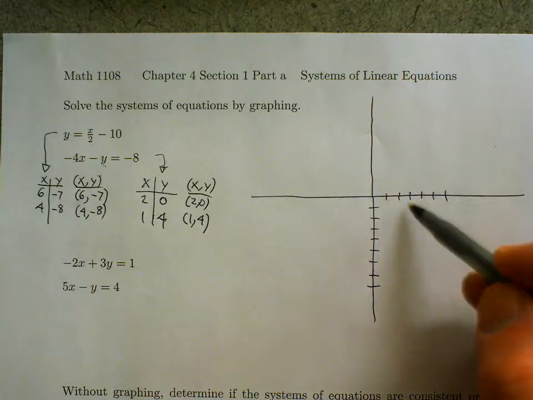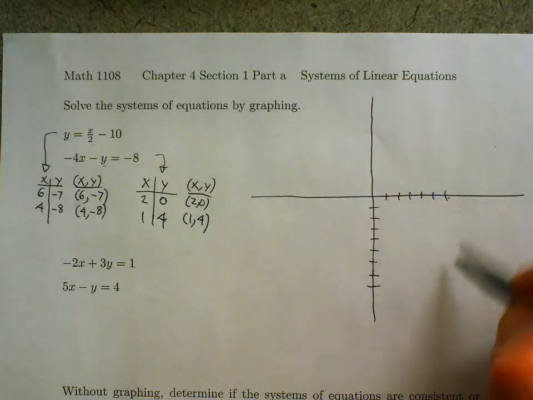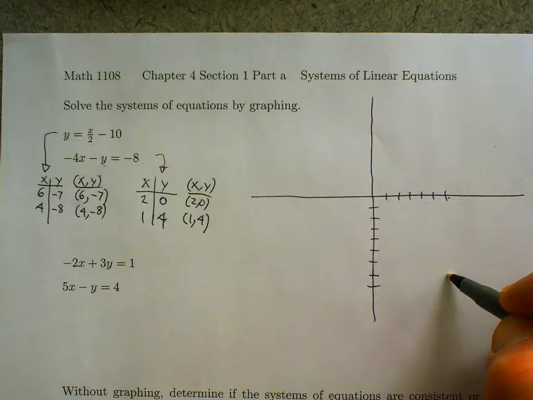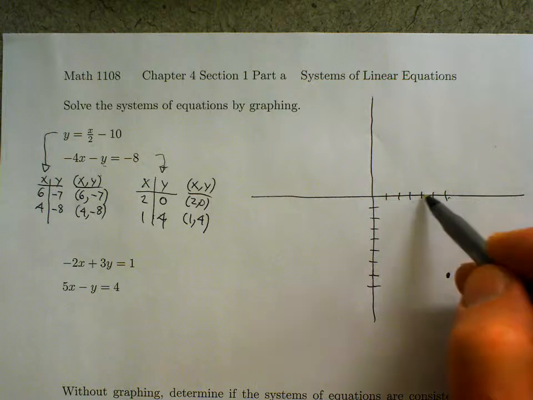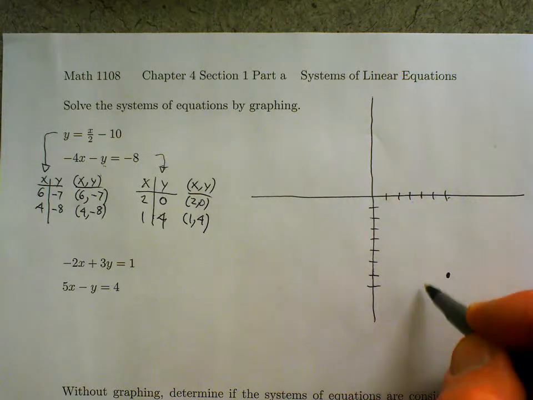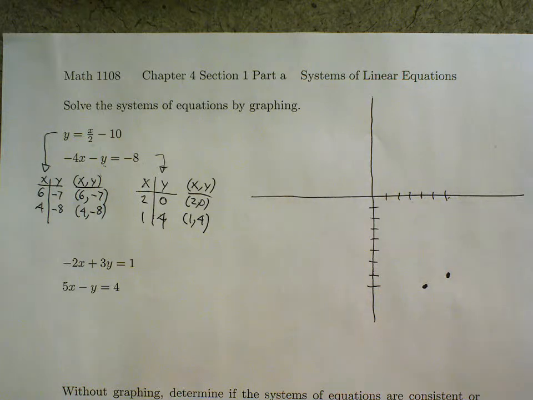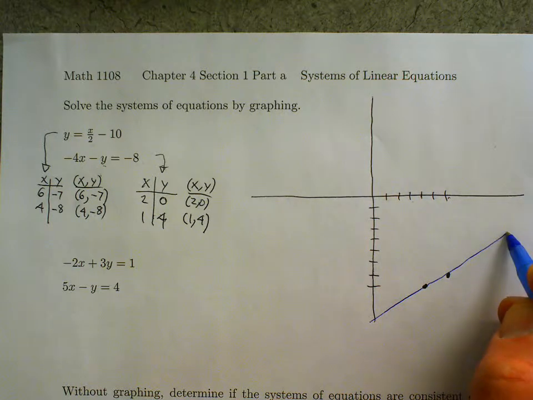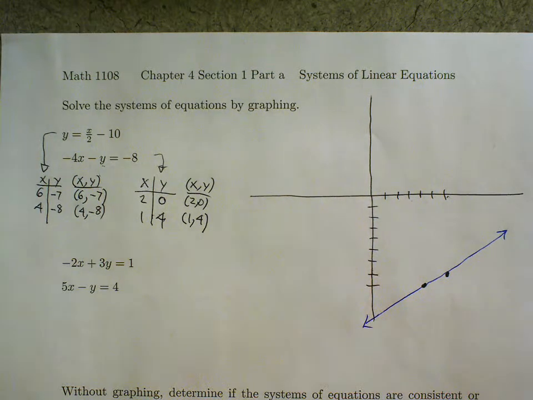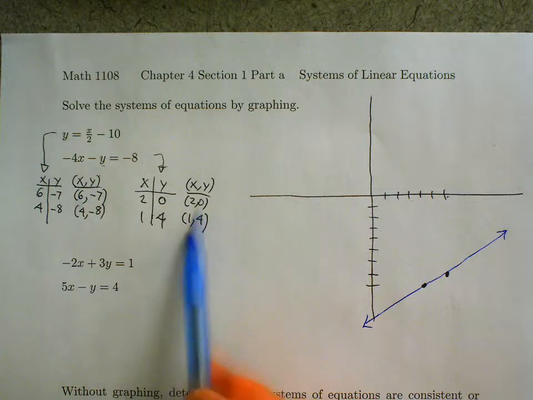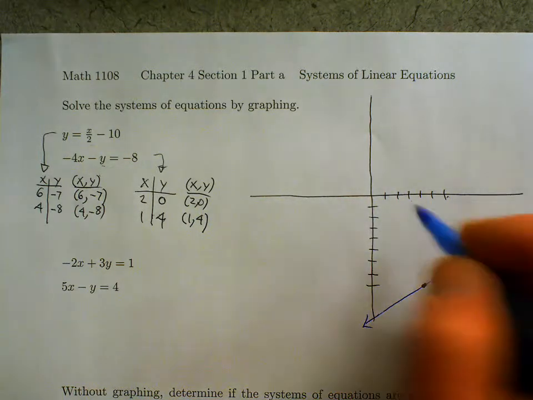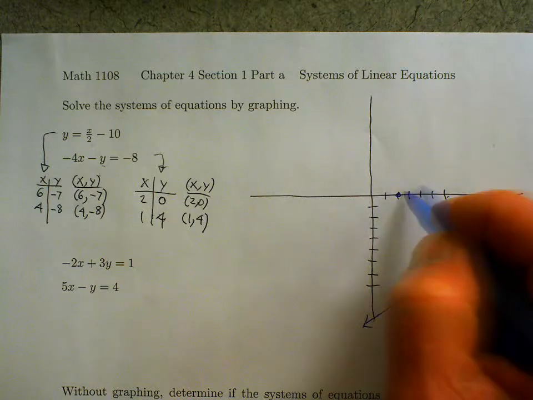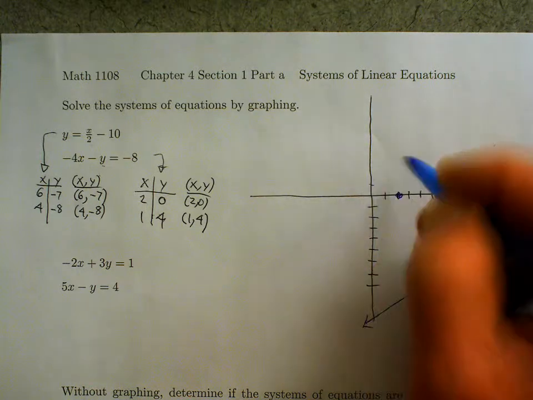Okay, so one of the points is 6, negative 7. And then 4, negative 8. So roughly, there's that line. Then the other line, we have 2, 0 and 1, 4.